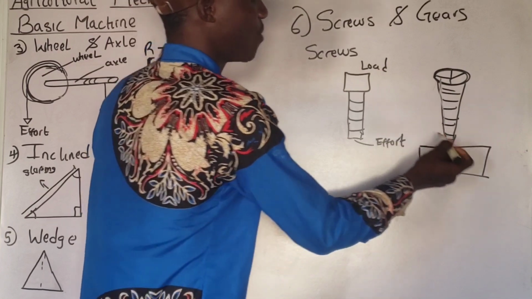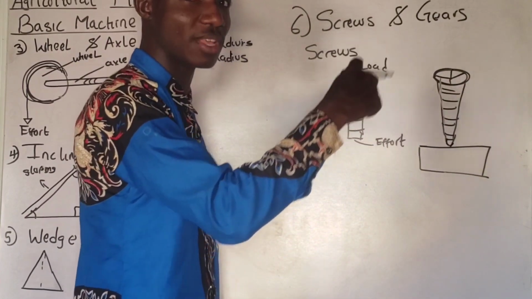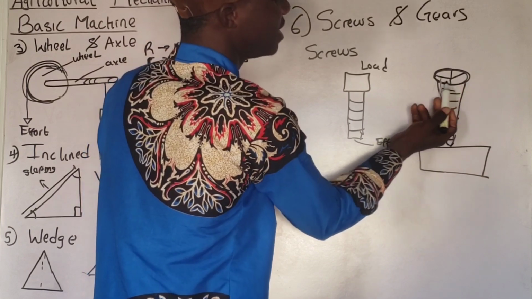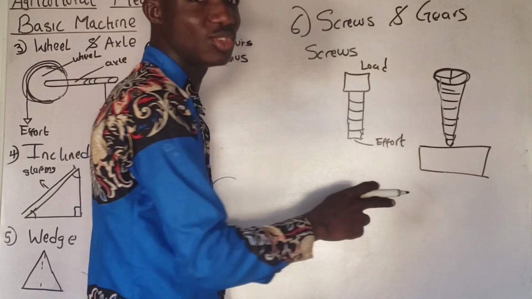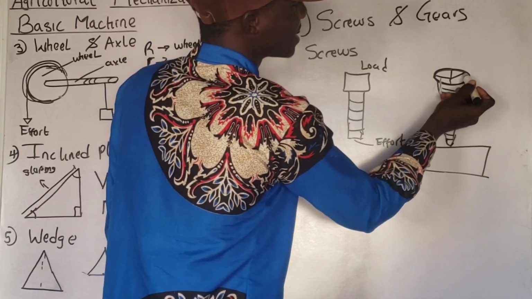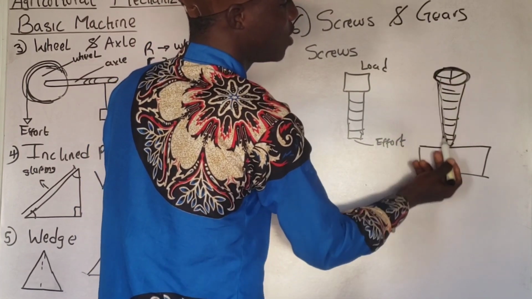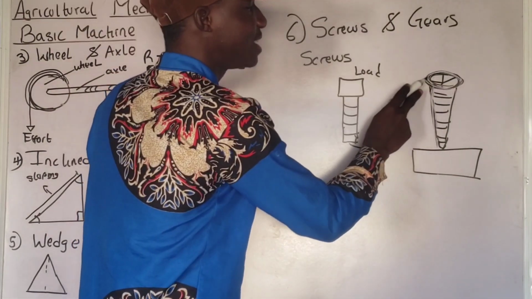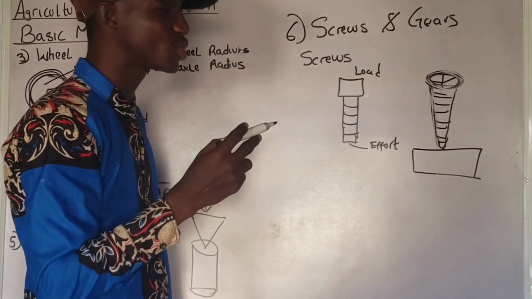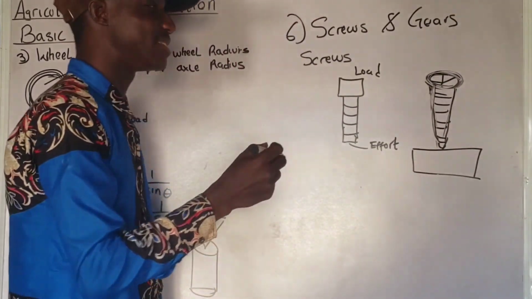As this screw is being rotated at the head with the screwdriver, it begins to be driven into this wood. As this head is rotating, the screw begins to travel downward. As the screw makes a complete revolution, it travels forward.